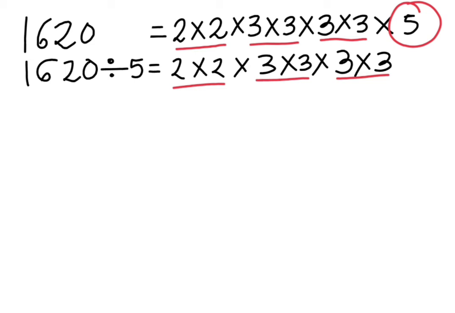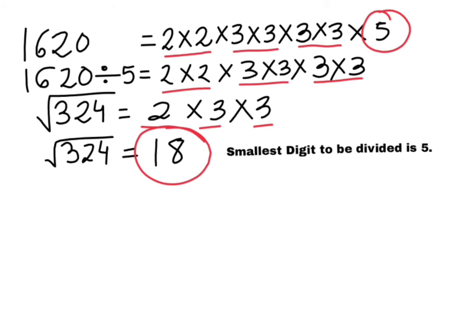So we select one out of each pair and divide on the left side. So directly we can say that the left side will get 3 to the power 4 and the right side is 18. It means that 18 is the square root of 324 and the smallest number to divide by is 5. In this way we will solve this type of question. I hope you have understood.